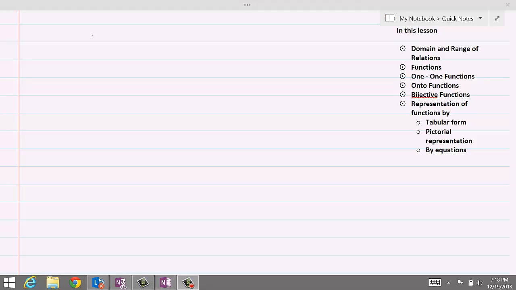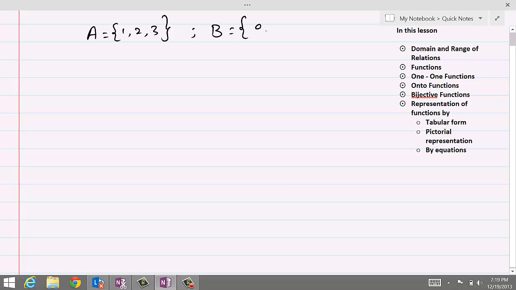Continuing from the last lesson in which we found many relations from set A to set B, let's take an example where we have set A equal to {1, 2, 3} and another set B equal to {a, b}.